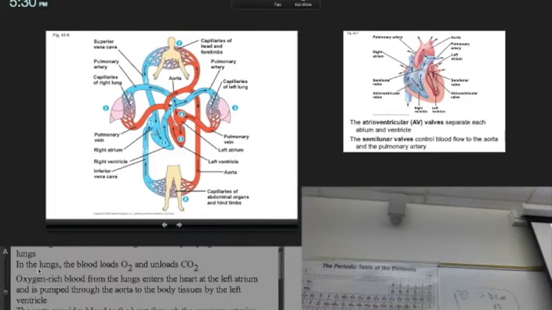So these are pulmonary veins, an oxygen-rich pulmonary vein. Now we are in the left atrium. There is a contraction here that gets blood into the left ventricle. A contraction here that pumps blood from the left ventricle now into the systemic circuit.